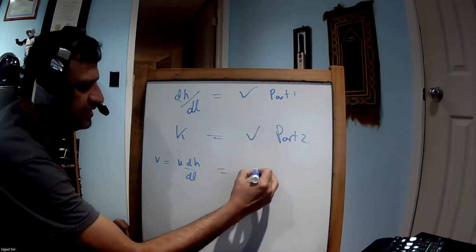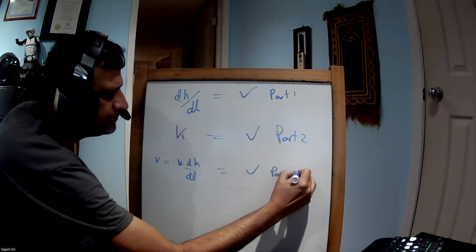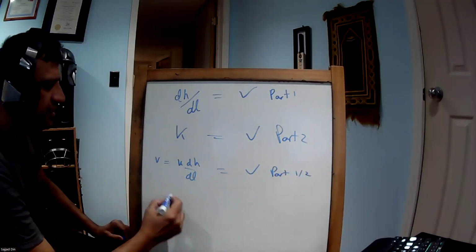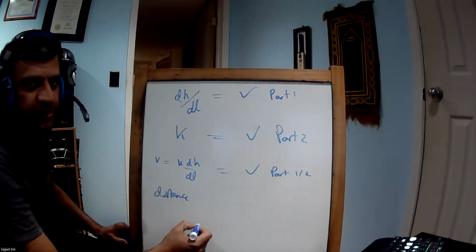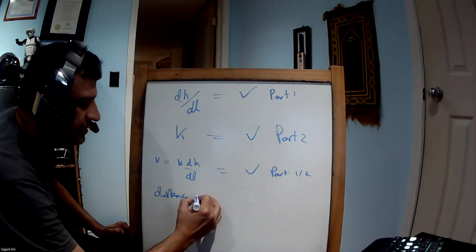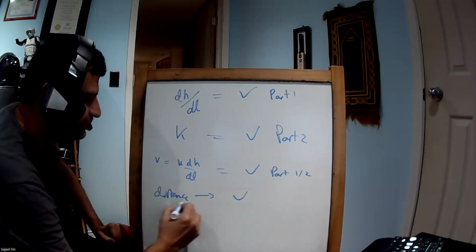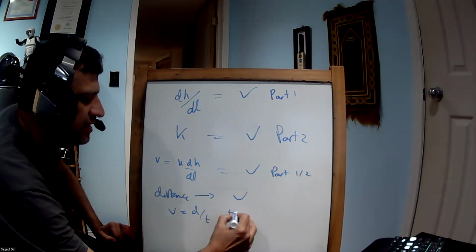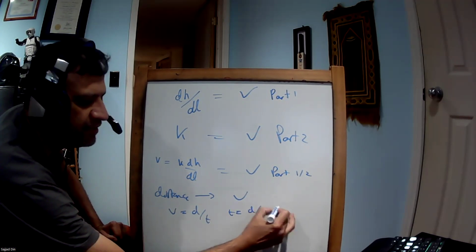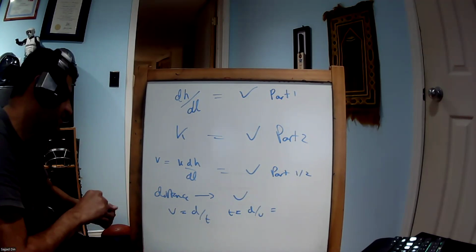Once you have the velocity, after combining part 1 and 2, determine the distance from your map. It's in feet, so convert it to meters. So remember, once you get that, velocity is equal to distance over time. So time will be distance over velocity, which is your final answer. All right.